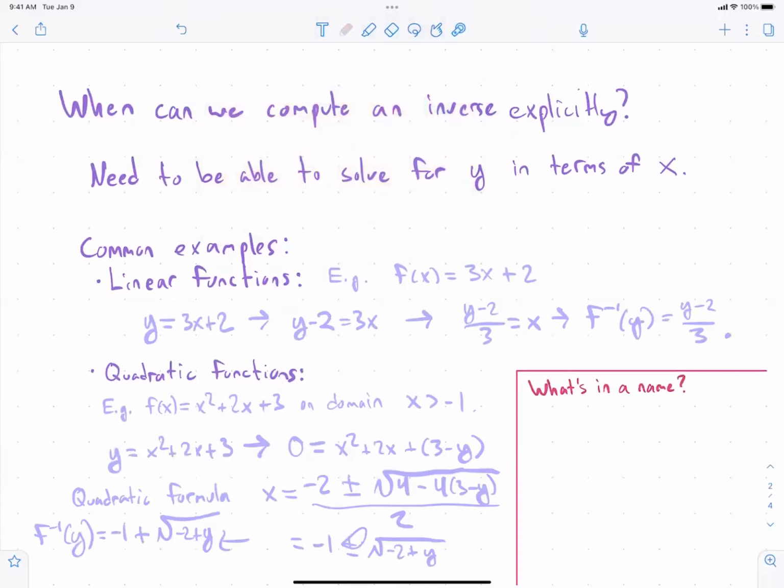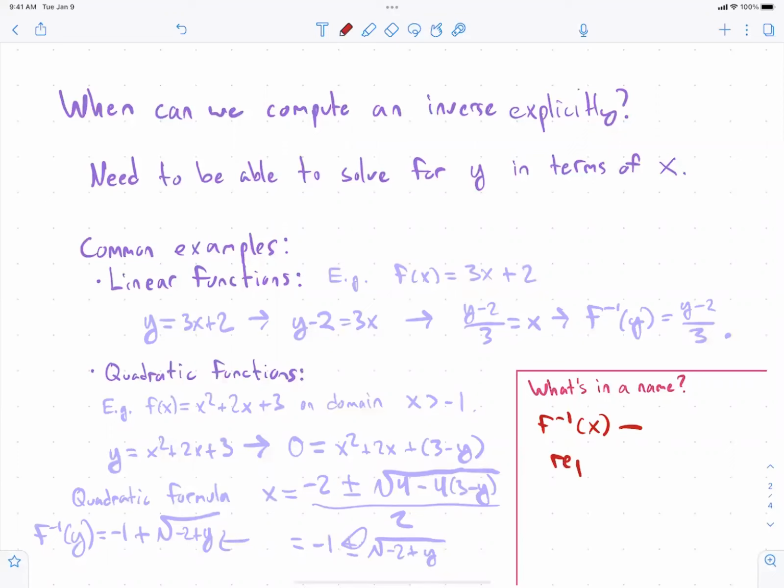One thing I want to point out in these examples is that I've written f inverse of y. Sometimes your homework or assignment will ask for f inverse of x. That's not the same x as in f. That's just because we like to call the variable in a function x.